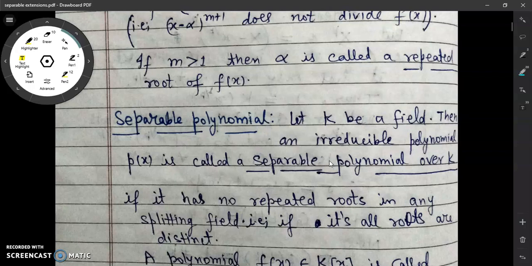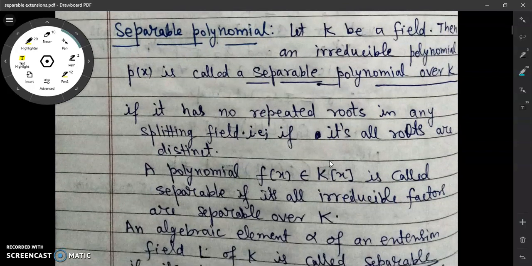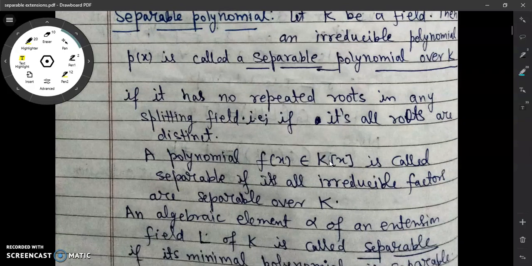Okay, it means if an irreducible polynomial has no repeated roots, then we call it a separable polynomial. For example, x square plus 1 has two roots, one is plus i, another is minus i. One may easily observe that x square plus 1 is irreducible, and since it has no repeated roots, therefore it will be a separable polynomial over the field of rational numbers.